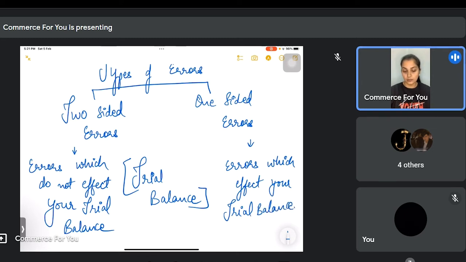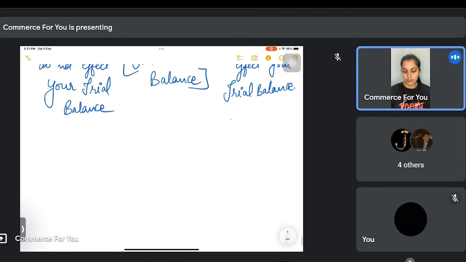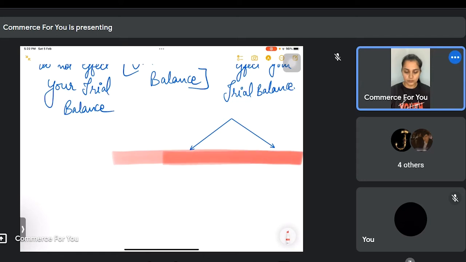Now again, under one-sided error, we have two categories based on the position at which you identified your mistakes. Let's say this is the whole procedure of creating your books of accounts. Here you are doing your general entries and ledger.